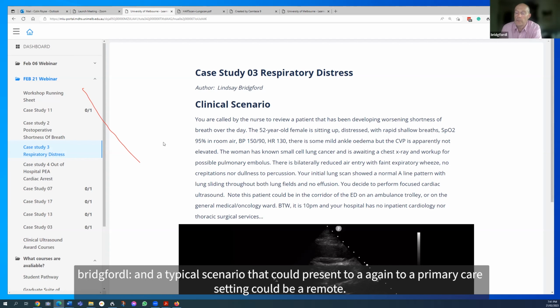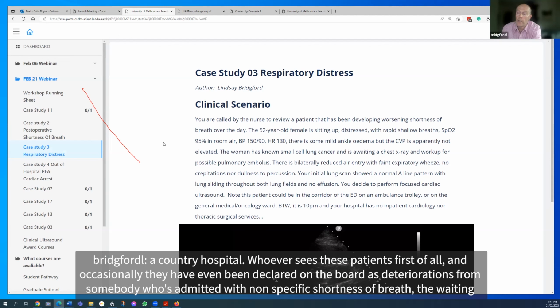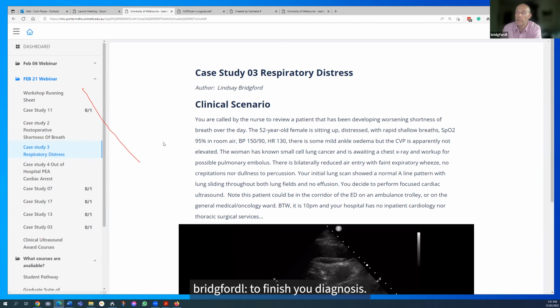A typical scenario that could present to a primary care setting, or a remote country hospital, whoever sees these patients first of all, and occasionally these have even been declared on the ward as deteriorations from somebody who's admitted with non-specific shortness of breath awaiting definitive diagnosis.